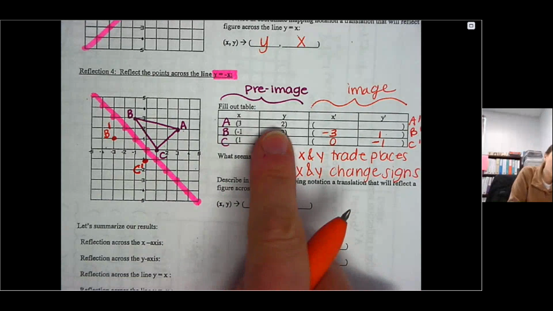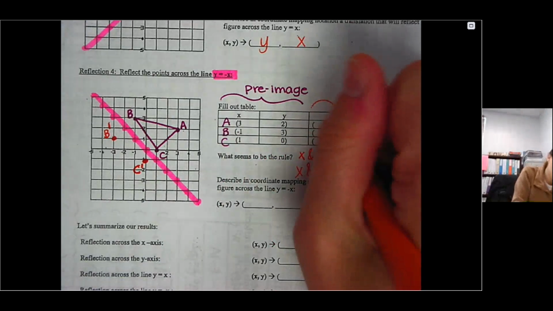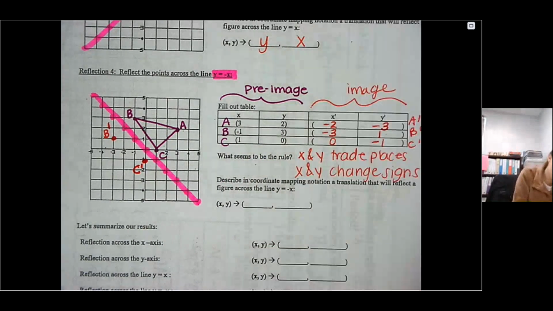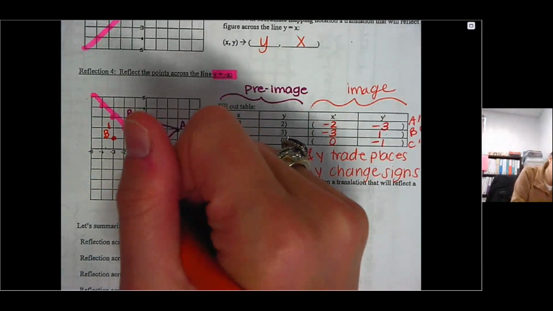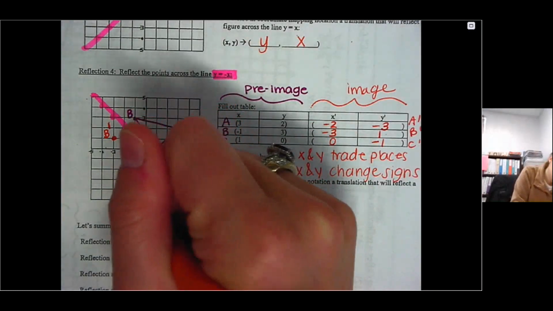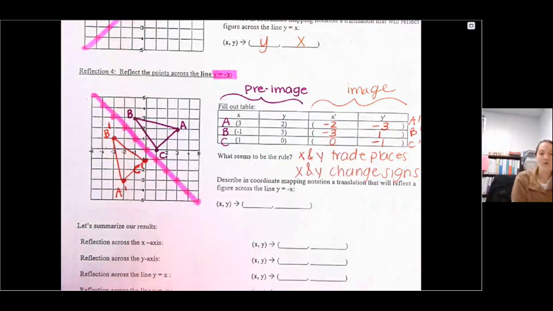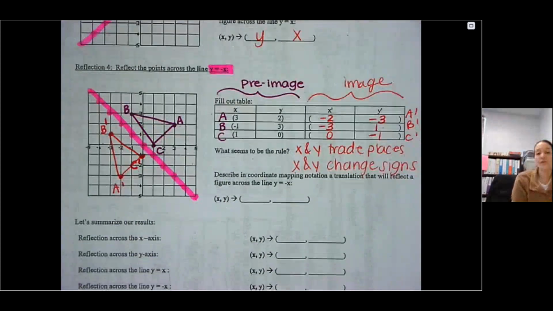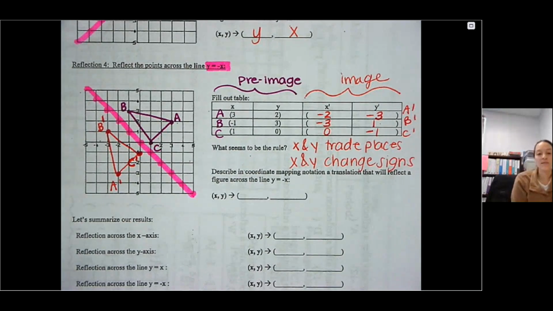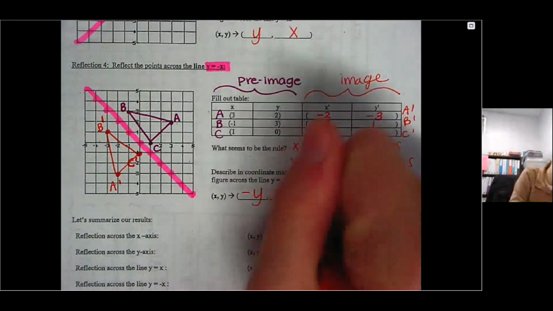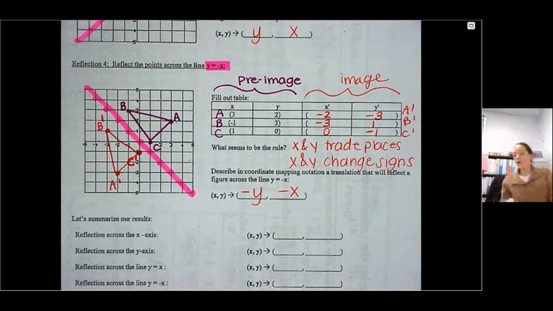So 3, 2 should become -2, -3. And there's my graph, and it's now been reflected over that line, y equals -x. So my rule as a mapping notation is (x, y) becomes (-y, -x).